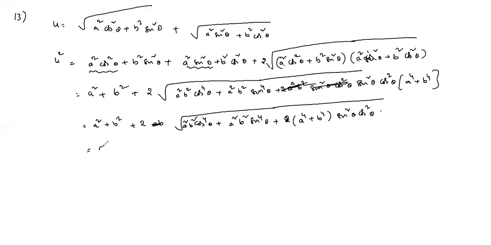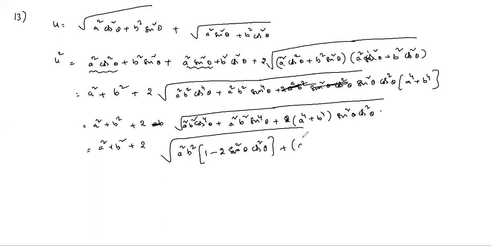Now a square plus b square plus 2 into root of. See here a square plus b square, you can take common for the first two, cos power 4 plus sin power 4. Just now in the beginning we simplified by writing a plus b whole square minus. What do we get? 1 minus 2 sin square theta cos square theta plus a power 4 plus b power 4 into sin square theta cos square theta.